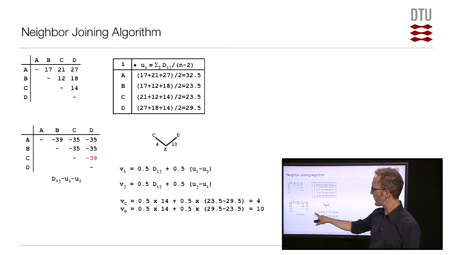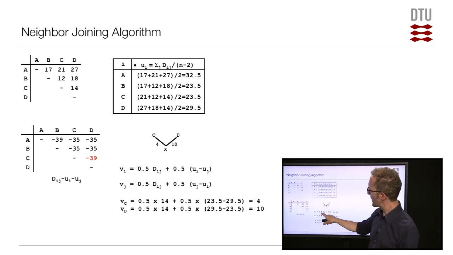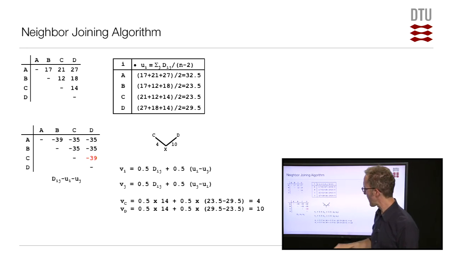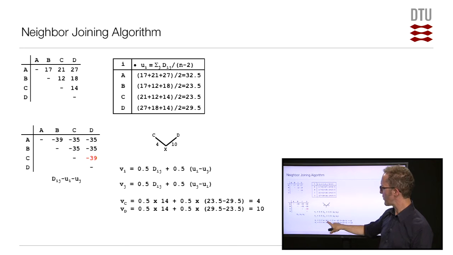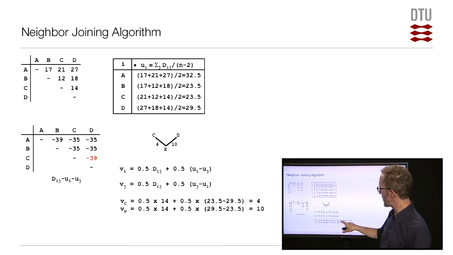The formula for node i here, for instance, is half the observed distance between, in this case, C and D, plus half the difference between Ui and Uj. So the observed distance between C and D was 14, so 0.5 times 14, plus 0.5 times U of C, that's 23.5, minus U of D, that's 29.5.